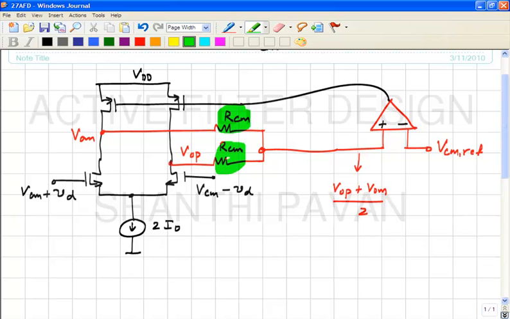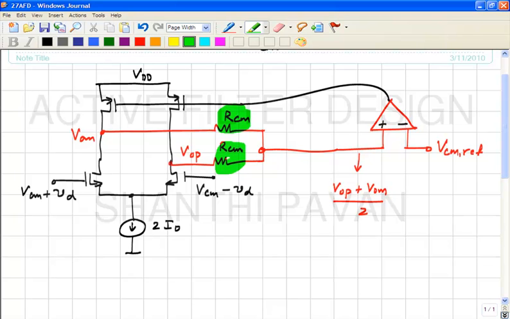All right. So, can you now comment on the good and the bad points of this common mode detector? What is good about it? It's simple to implement.